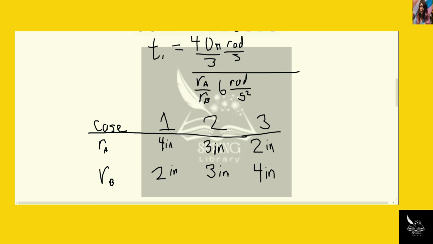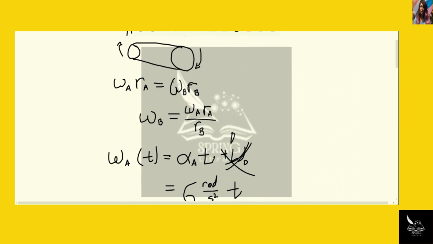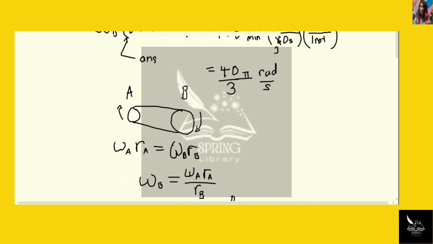These are actually the diameters, but I did mention this before. This is also true with regard to diameters. It does not matter if you use diameter or radius of those gears, as long as it is consistent. If one of them is the radius and the other is the diameter, you will get this problem wrong.